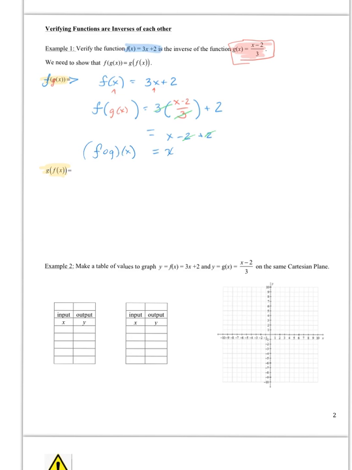That's not enough to prove that the two are inverses of each other, because we still have to take the composition in the other direction. So now I'm going to start with my outside function, g of x. So g of x is (x minus 2)/3.